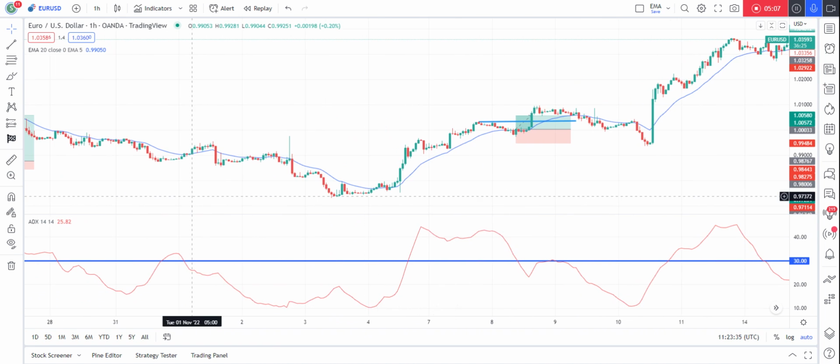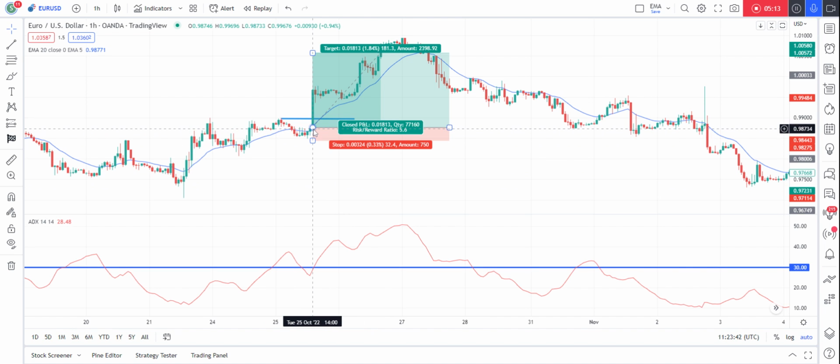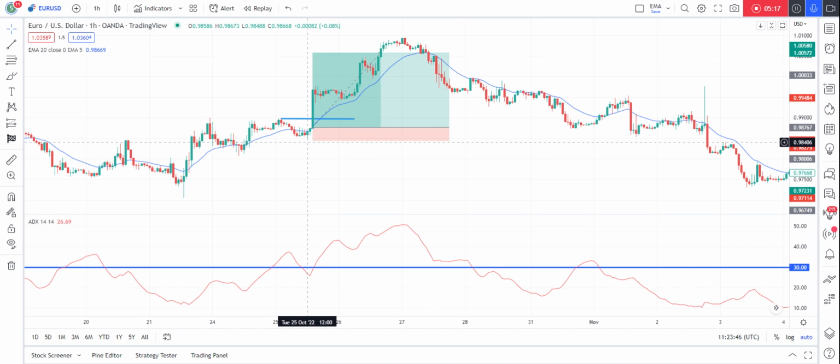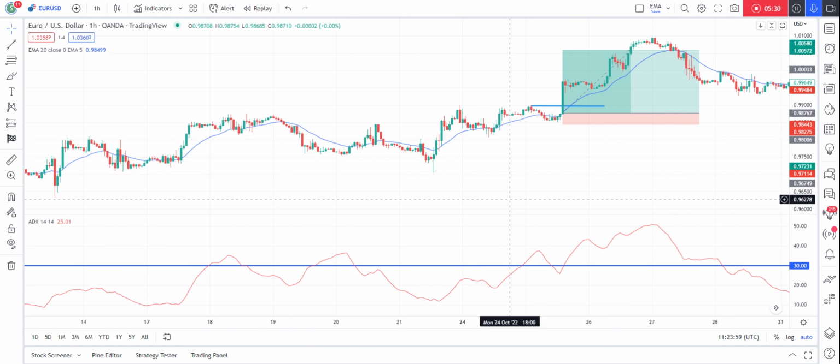Let's go again. ADX above 30. It opens the trade, stop loss previous low plus 5 pips, and then it goes all the way here where the trailing becomes the EMA, and it does a 5.6 to 1 risk reward ratio.